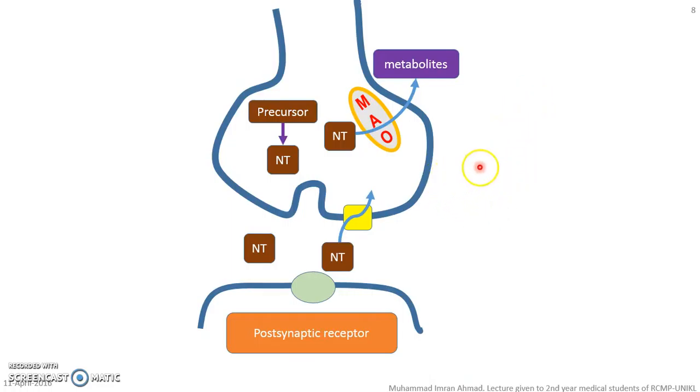So antidepressants will usually act at these three main sites.